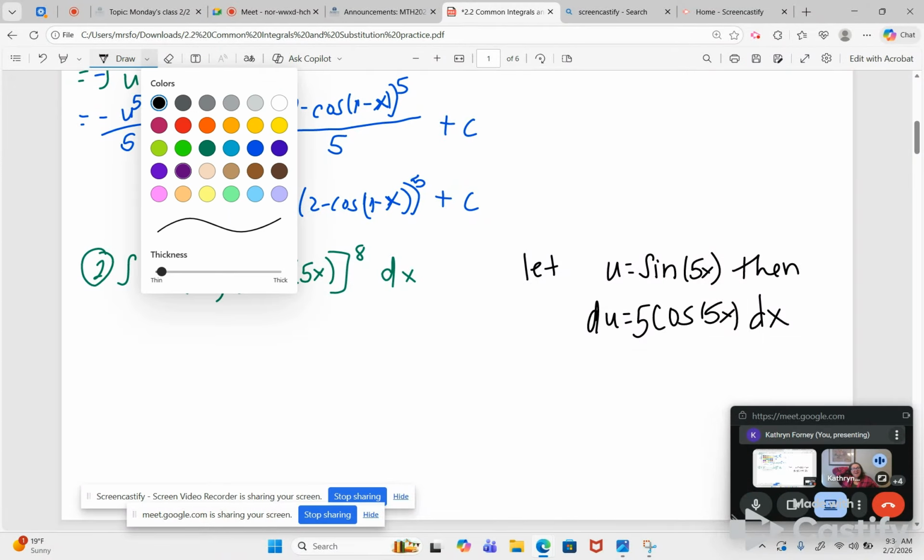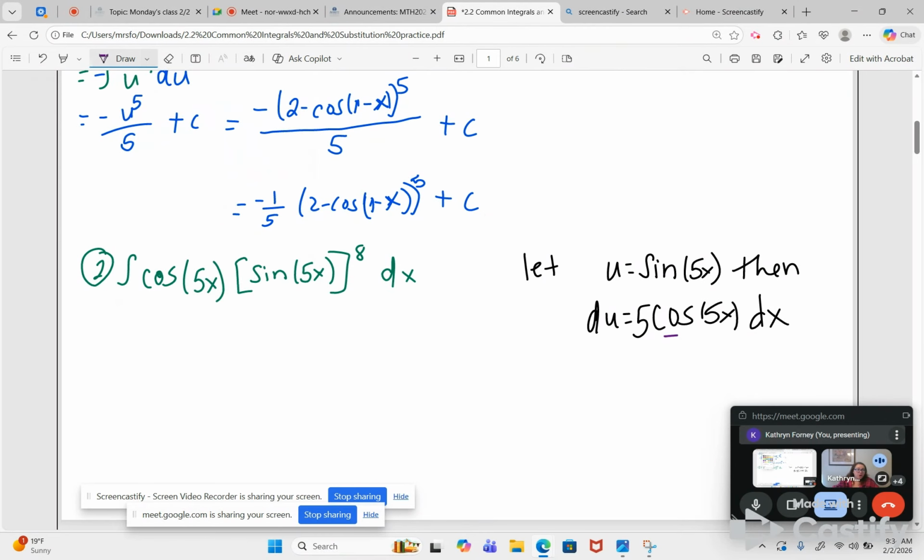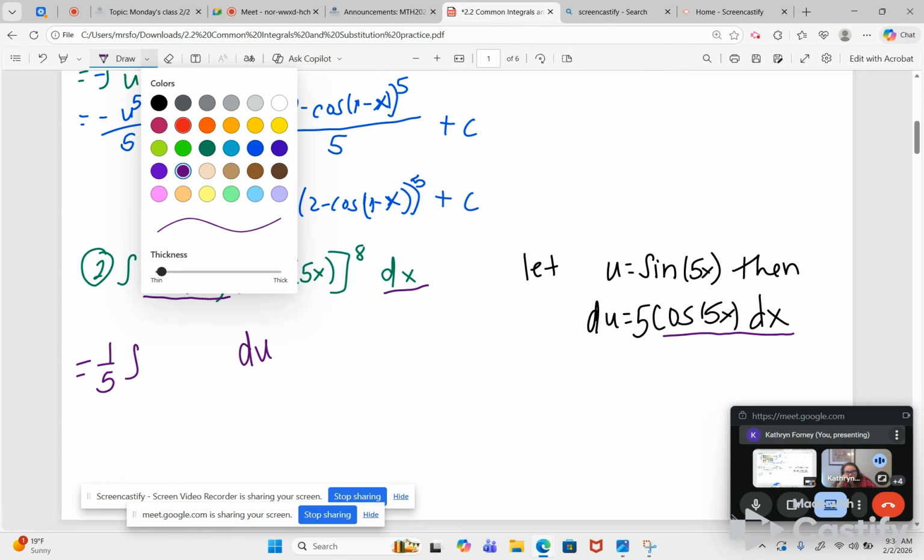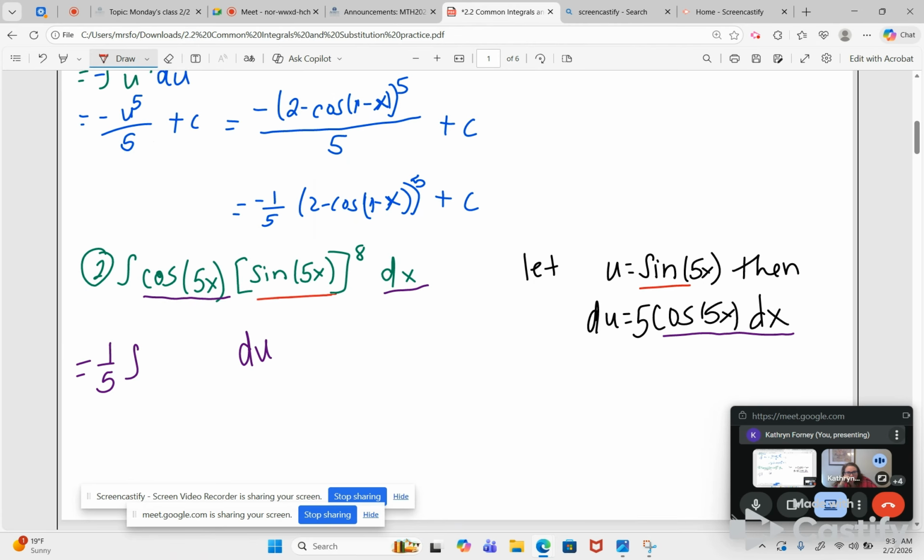I have the cosine 5x dx, which is the du, but I don't have that 5. So to take account of that 5, I have to multiply by the reciprocal. Now, I need to deal with this part.